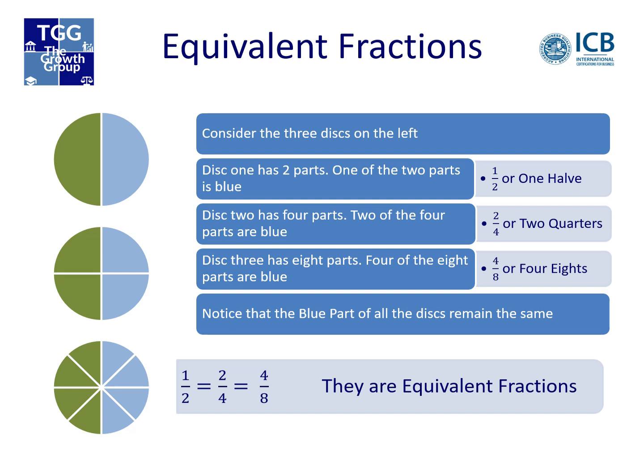And so therefore we can see from the above that 1/2 is exactly the same as 2/4, is exactly the same as 4/8. And so when we have fractions that are the same, we say that these are equivalent fractions.